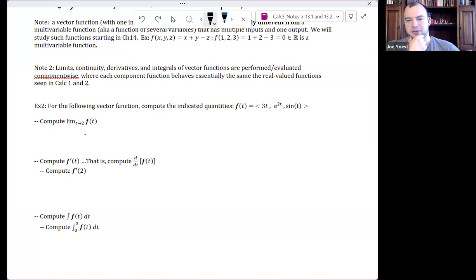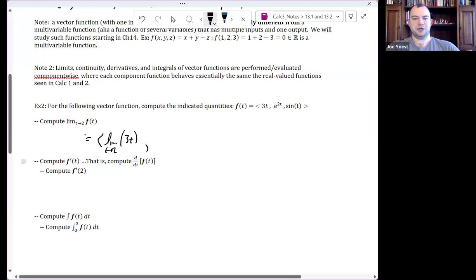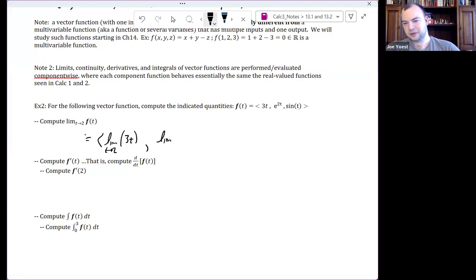Well, the limit is just performed component-wise, as we mentioned above. So we could think of this as limit as t goes to 2 of 3t in the first component. In the second component, limit as t goes to 2 of e to the 2t.